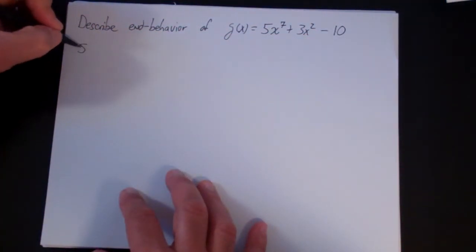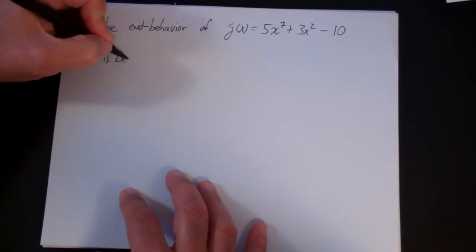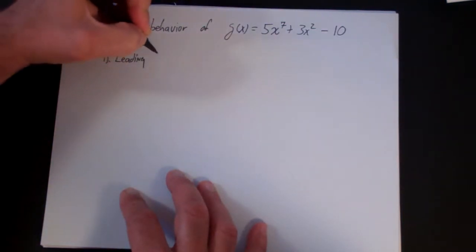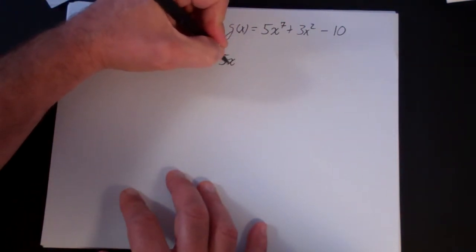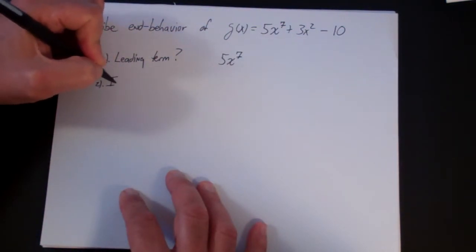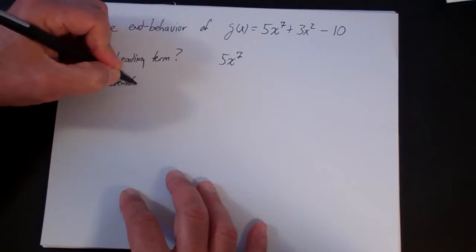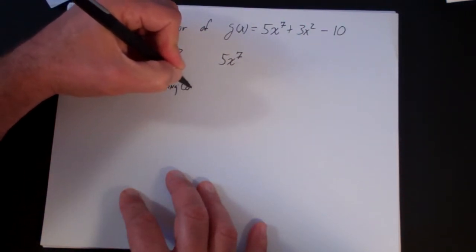And the first step is to find the leading term. And the leading term here is going to be 5x to the 7th. And then you're going to identify the leading coefficient. And the degree.